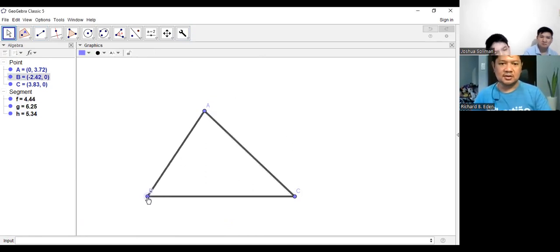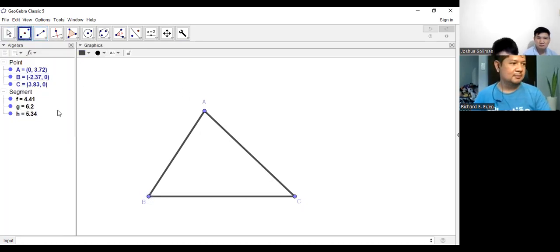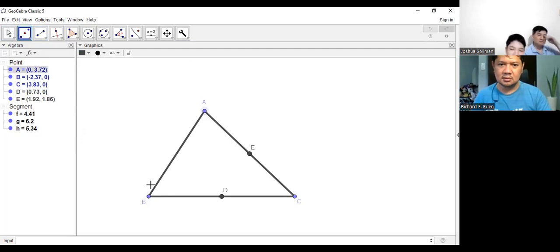What I'm interested in looking at, however, are the midpoints. So that can be done easily in GeoGebra. Okay.